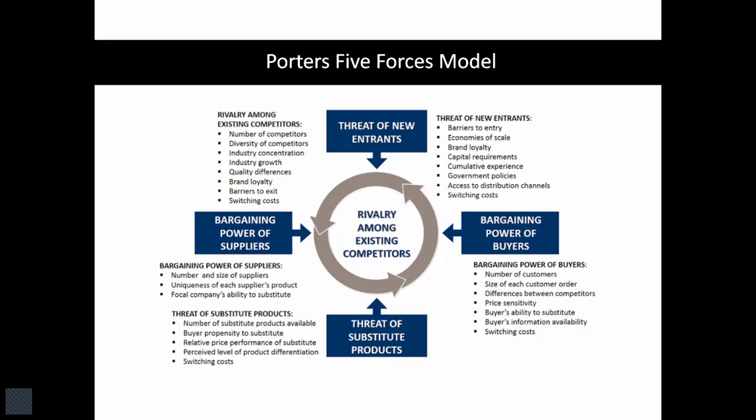Similarly, the threat of new entrants increases with the kind of commodity. If we are developing the kind of commodity that is very easily manufacturable, we will be having more potential entrants.